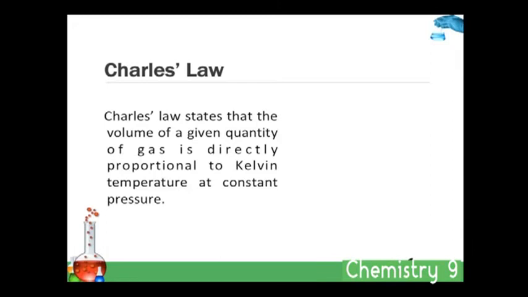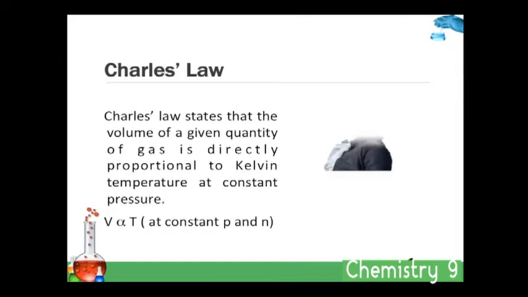Charles's law states that the volume of a given quantity of gas is directly proportional to Kelvin temperature at constant pressure. So V is proportional to temperature. This is at constant pressure and number of moles.